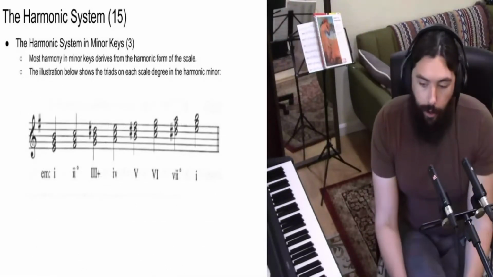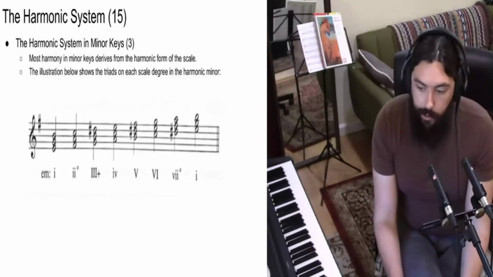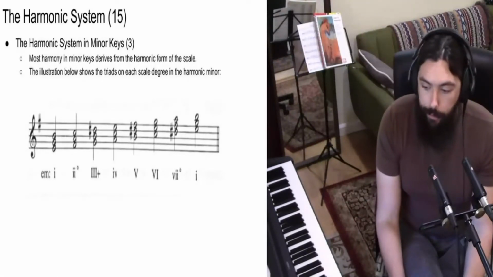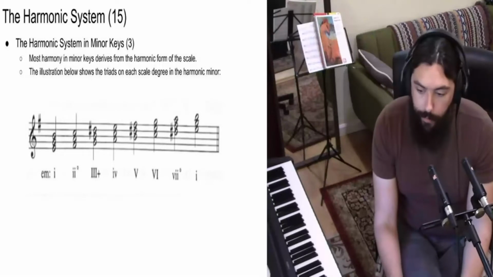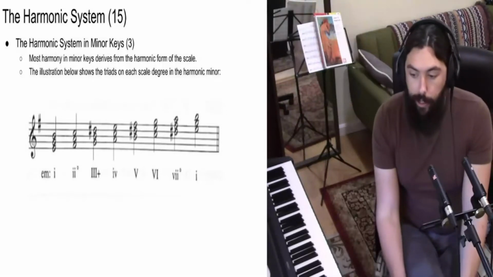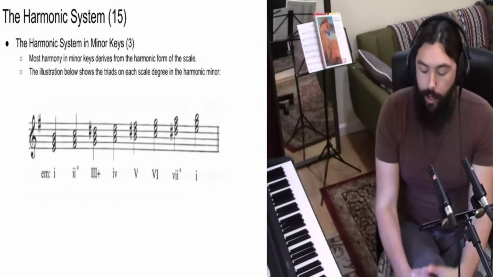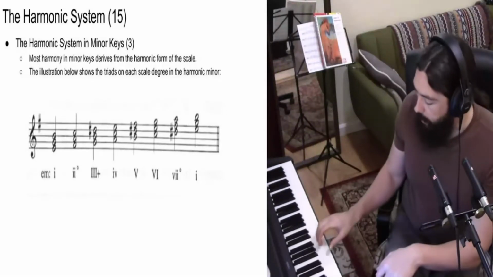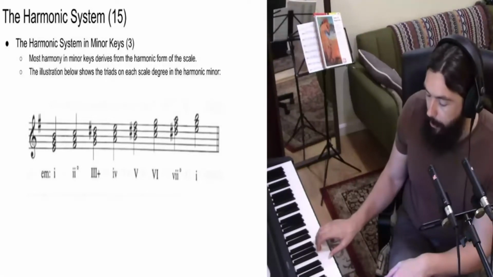So most harmony in minor keys derives from the harmonic form of the scale. And the illustration below shows the triads on each scale degree in the harmonic minor form. Okay, so if we go through these, we've got, okay, our 1 chord here is E minor.